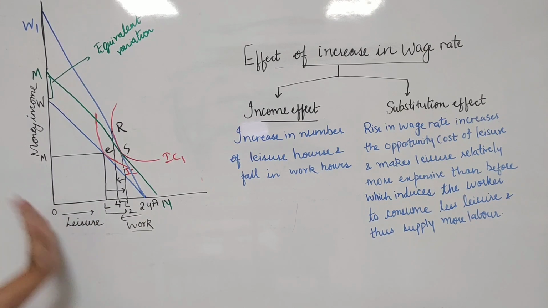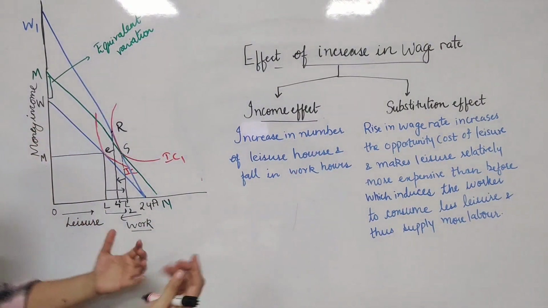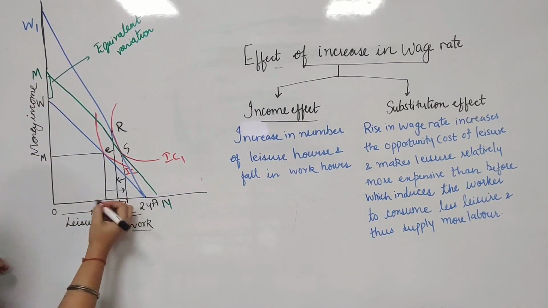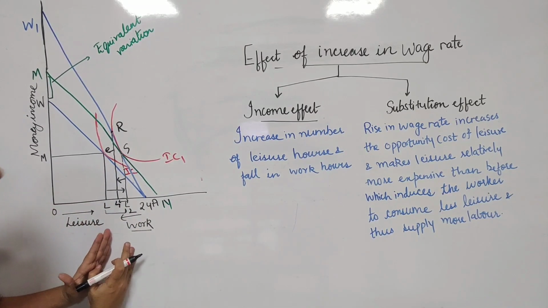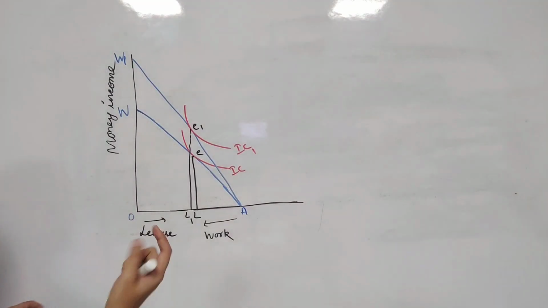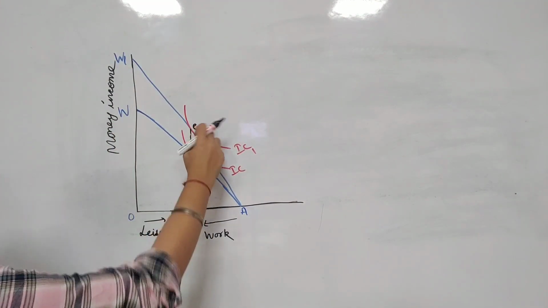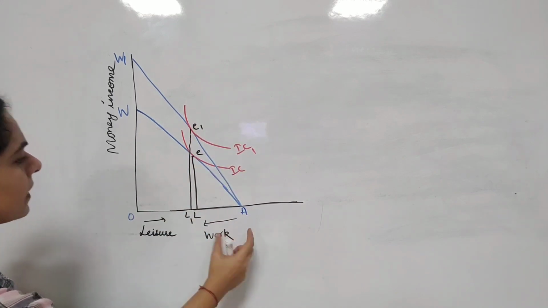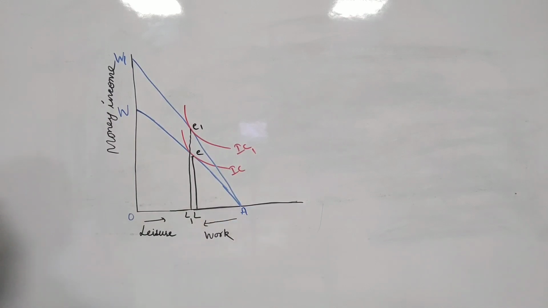But because the income effect is stronger than the substitution effect, there is an increase in leisure hours from OL to OL1. With an increase in wage rate from W to W1, and with this new equilibrium point, there is an increase in working hours from AL to AL1.